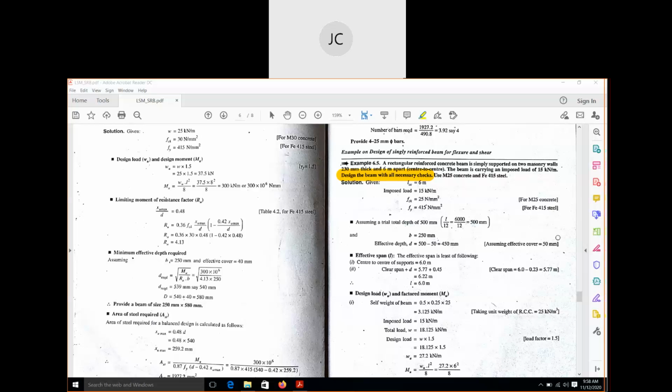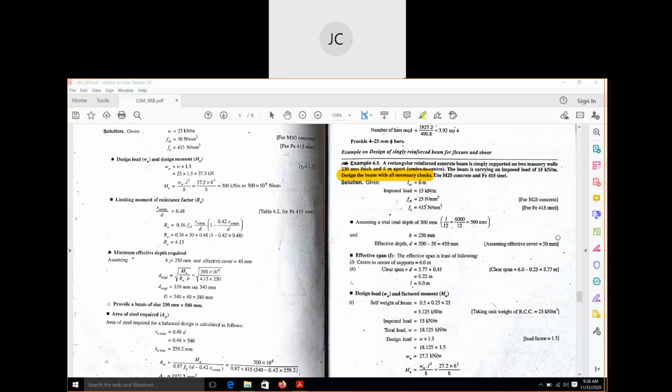First write down the given data. LCC means L for length, CC means center to center, so the center to center length is 6 meter. Imposed load is 15 kilonewton per meter. FCK and FY values are given.